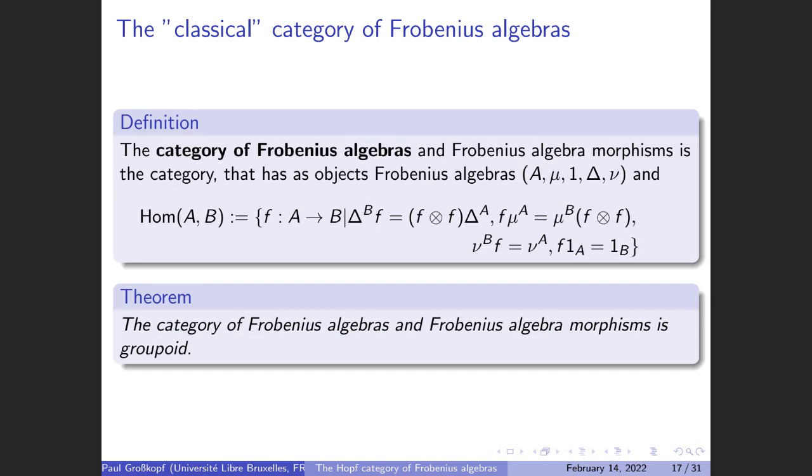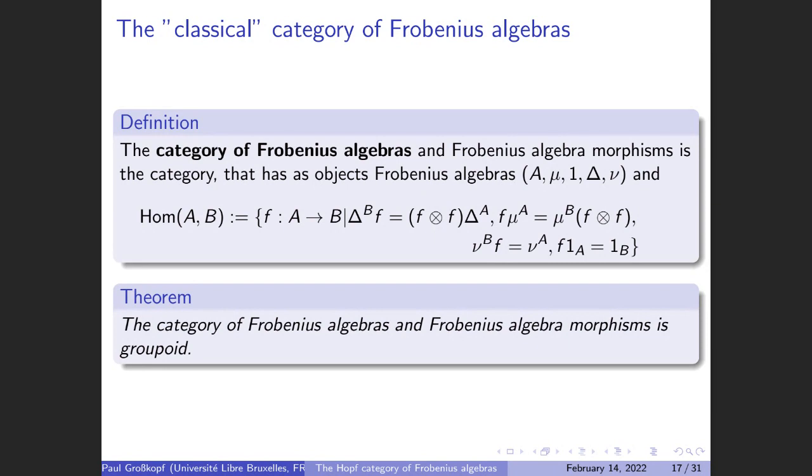So there's a classical way of looking at Frobenius algebras that I already mentioned. If you look at the morphisms to be Frobenius algebras, and we look at Frobenius algebra morphisms, we can build what I call the classical category of Frobenius algebras.